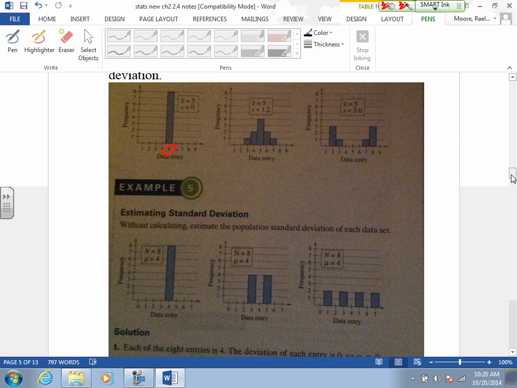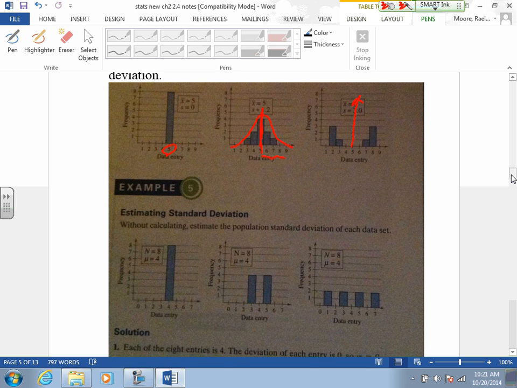This next one is kind of like your bell curve. This is more your normal curve. Your mean is 5, and your standard deviation, you would have to calculate this way, is about 1.2. They calculated that, and we'll get a little better at figuring that out. This one here, notice, the mean is 5 again. And look how far apart your data is.